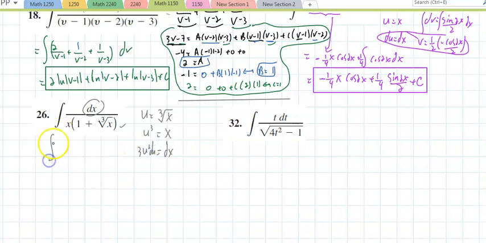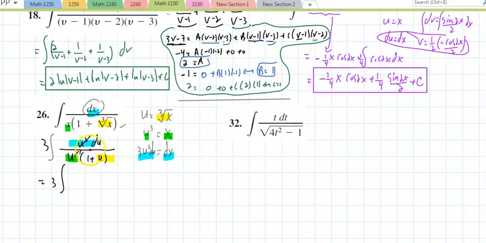This becomes the integral, and this would be 1 plus u. dx is actually 3 up front, u squared du, and there is an x left, and that's where x comes in, and you would say that is u cubed, and that will be 3 the integral.